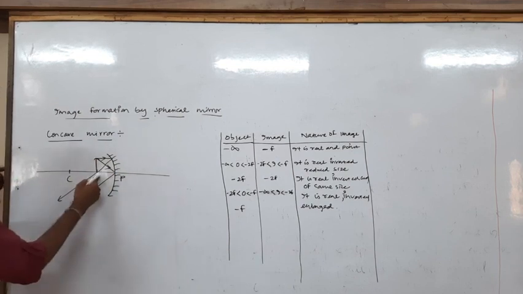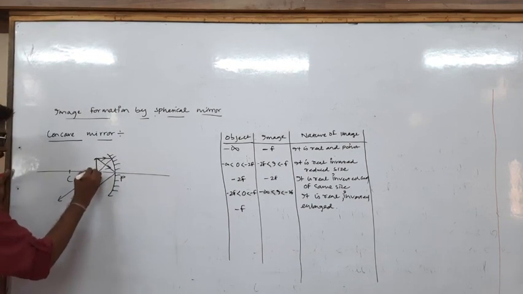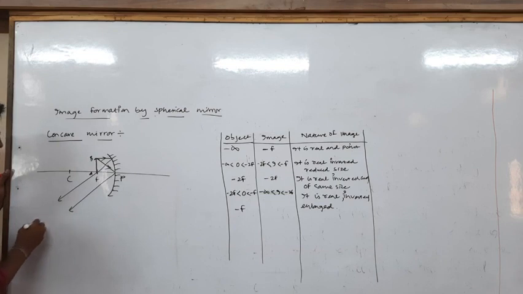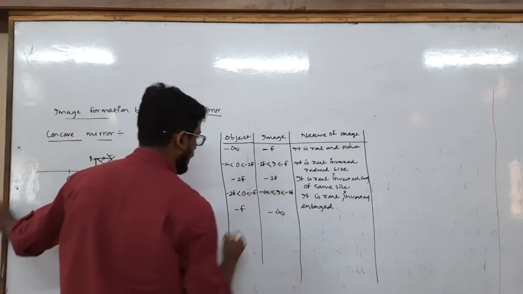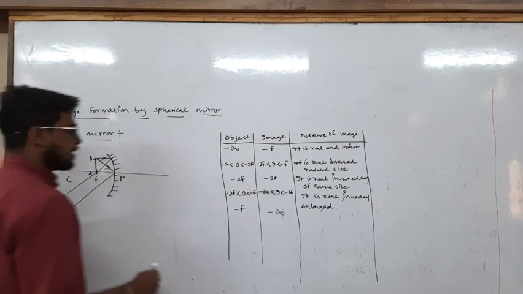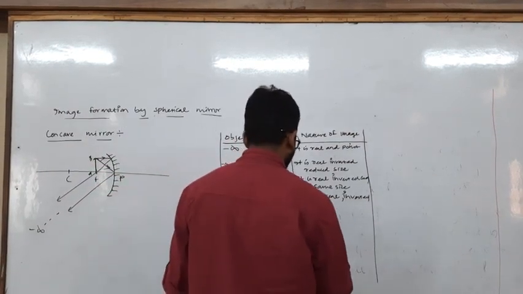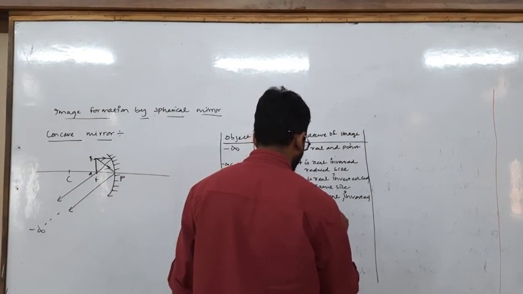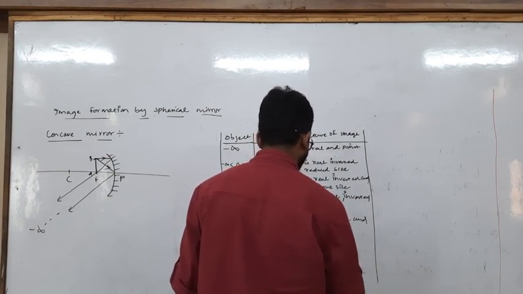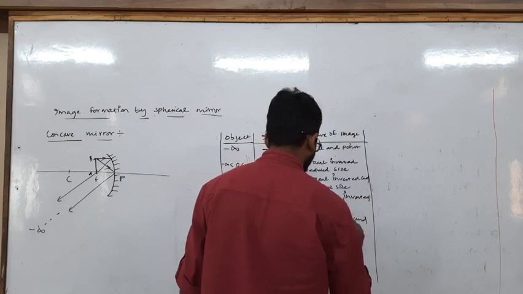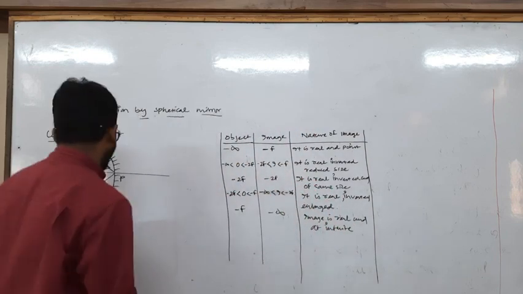Okay, this is the focus, this is the object A and B, so the image will lie at minus infinity. So what is the condition of the image? The image is real and at infinity. Clear?